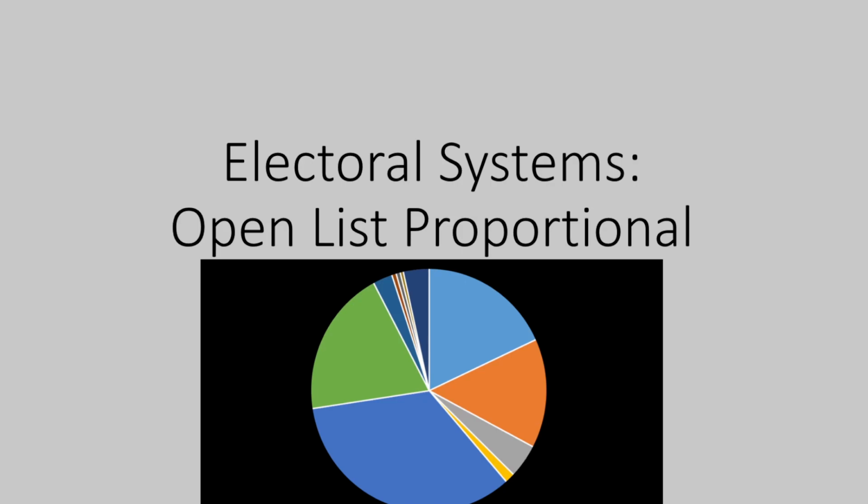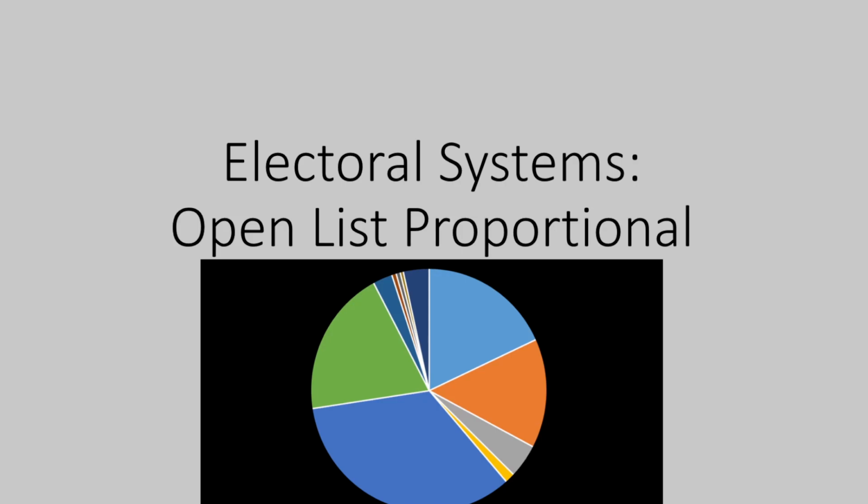I will make a note to head off some comments. I'm not doing closed list proportional. It is used, but to me, because it is a closed list, it is worse than F tier. It is just unconscionable that someone would use it because the voter has no control over the representative. You can only blindly guess.